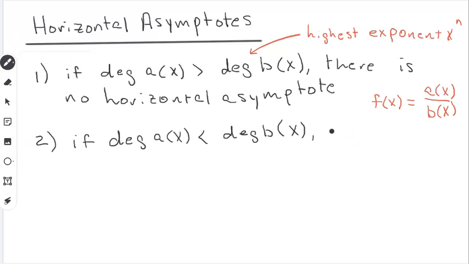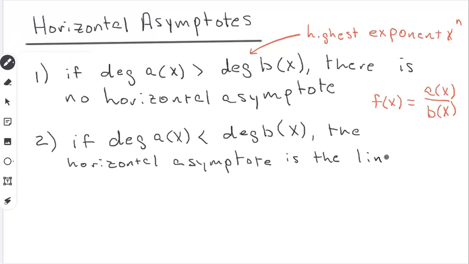Well, if this happens, the horizontal asymptote is the line y equals 0, also known as the x-axis.